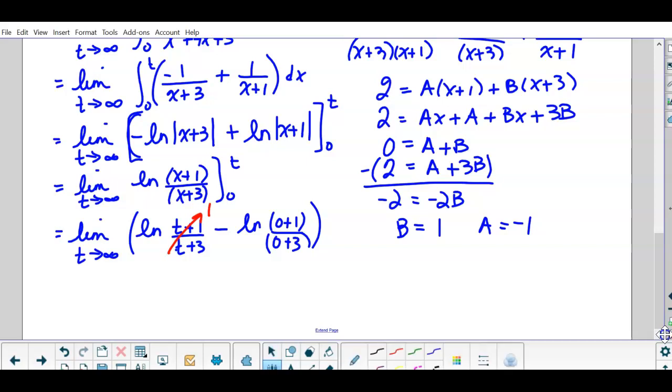So this will end up being ln of 1 minus ln of 1/3. Ln of 1 is 0, so negative ln of 1/3, which is the same as ln of 3. Okay.